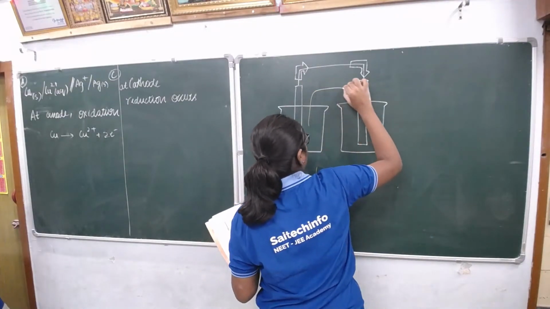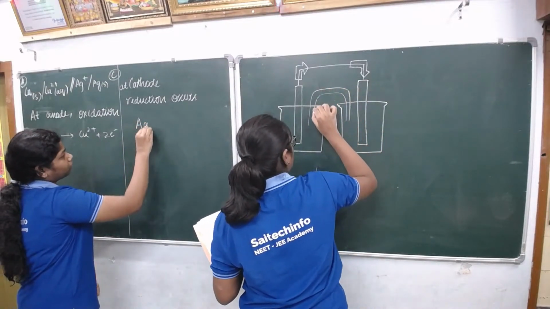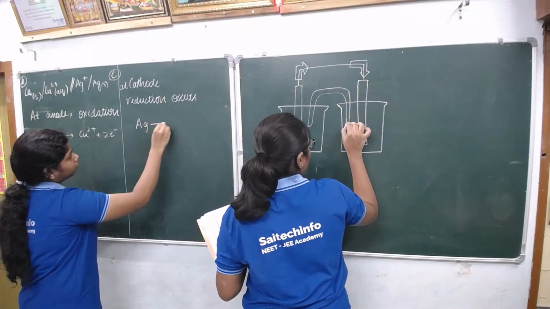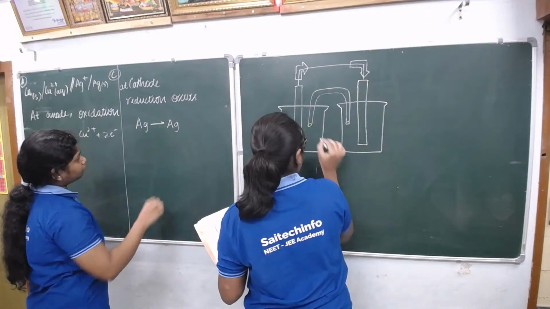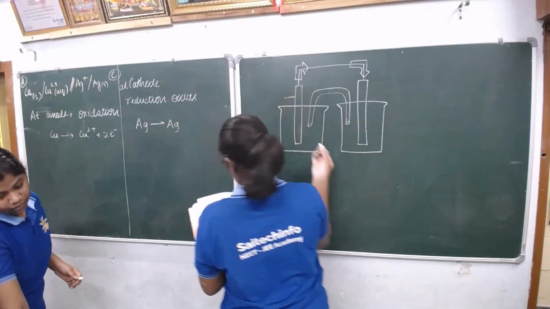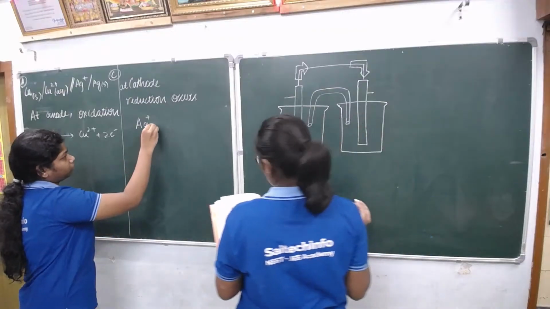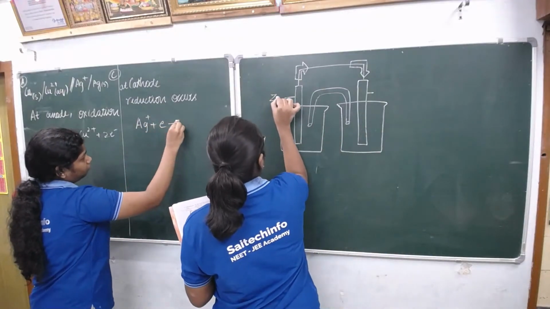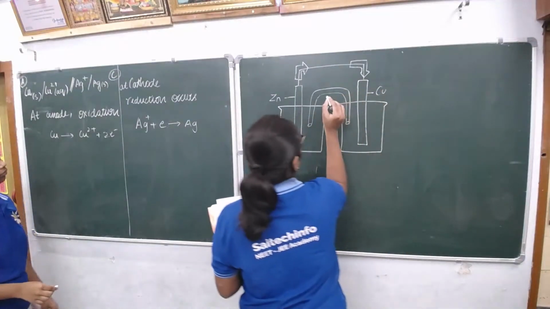And here, write down Ag+ + e gives Ag. So this is reduction.